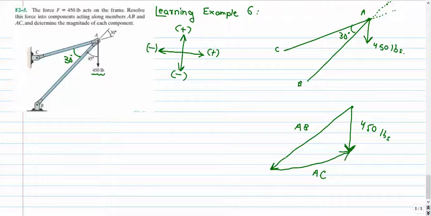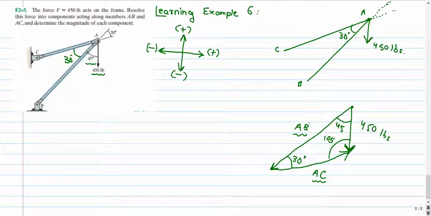Finally, we need to put in the angles if we want to find the magnitude of these components. So this angle is given to us in the question, which is 30 degrees. This angle is also given in the question, which is 45 degrees. We can find this angle by subtracting 30 and 45 from 180. And the answer that we get is 105 degrees.